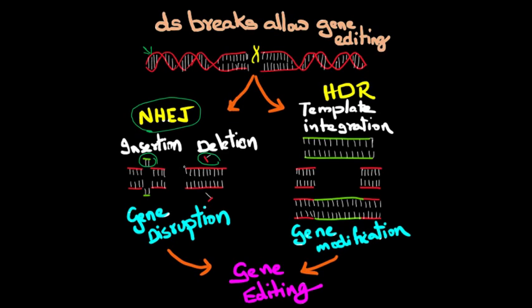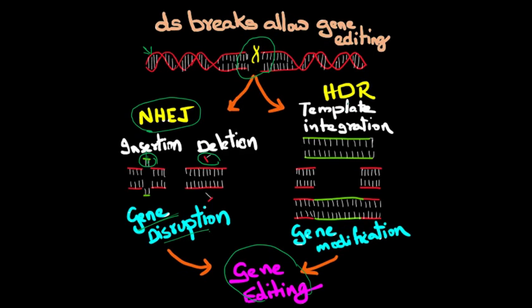Both insertions as well as deletions can cause frame shift mutations or other gene disruptions. So if originally there was a gene that produced a disease here, and we are able to insert or delete a part of that gene, that means we can silence that gene. So that gene is disrupted. That amounts to genetic editing or gene editing.